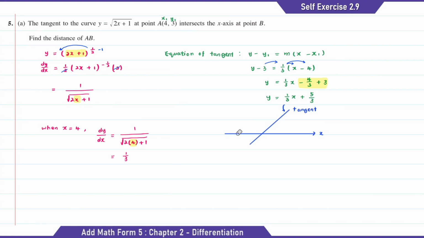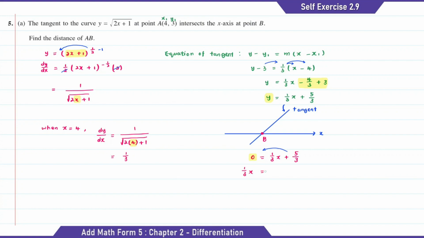So this tangent intersects the x-axis at point B. So here will be point B. B is the x-intercept, therefore the y coordinate is equal to 0. To find its x coordinate, substitute y equals 0 into the equation of the tangent.